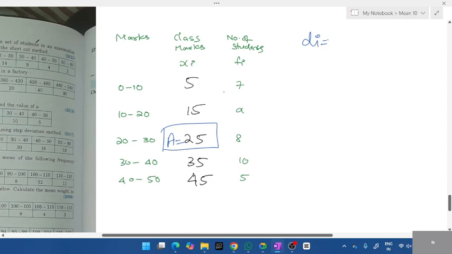See, in exam, don't get confused. Don't multiply 5 sevens are 35. Remember, Di should be calculated. All of you will calculate Di.